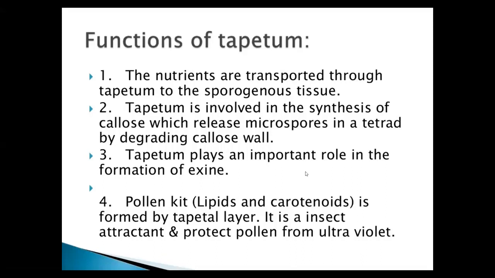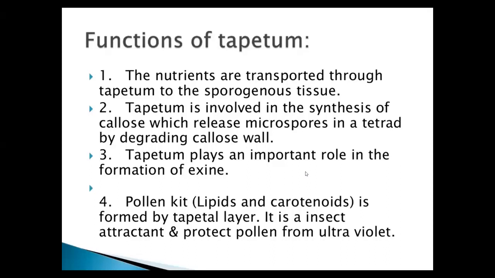Pollenkitt, made of lipids and carotenoids, is formed by the tapetal layer. It is an insect attractant and it also protects pollen from ultraviolet rays. So not only the nutritive purpose, the tapetum is involved in the synthesis of callose.